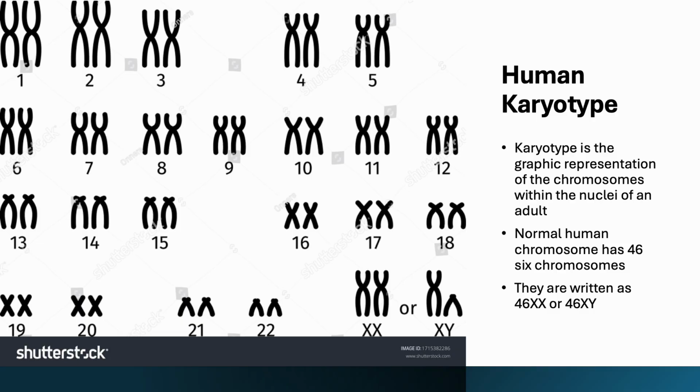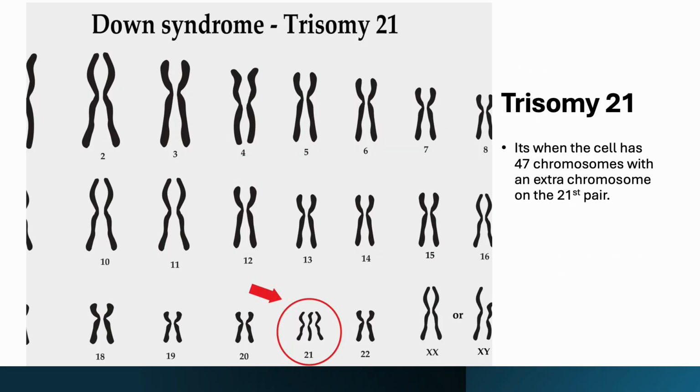Normal human cells, we said, have 46 chromosomes, and they are written as 46XX or 46XY, depending on the karyotype of the examined cell. So we can have abnormalities where we have an extra chromosome on the 21st, which we call Down syndrome.